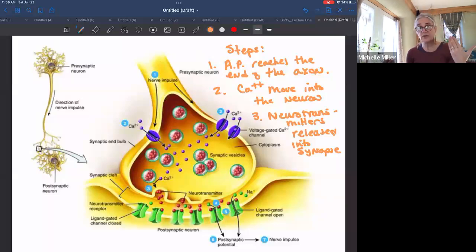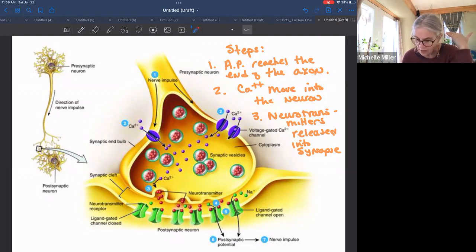And in this particular instance, the neurotransmitter you can see is in these vesicles. So these are little packets of neurotransmitters. The neurotransmitters are red, the calcium ions are purple, and these neurotransmitters are going to be released into the synapse between the presynaptic neuron and the postsynaptic neuron.